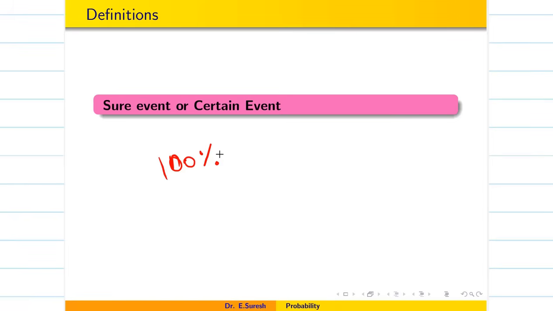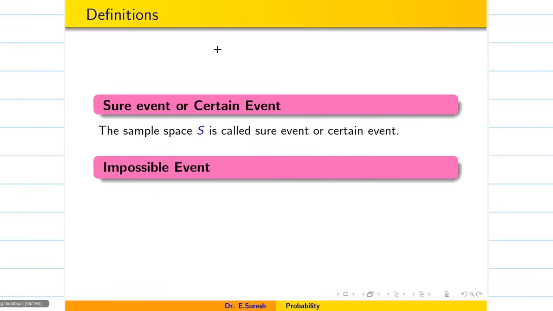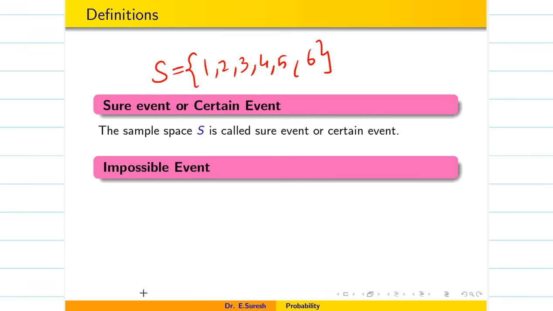So we can give this example normally. How to say this mathematically? If I throw a die, I will get an output 1 to 6. There is no chance of getting 7 or 8 or 9 when I throw a die.